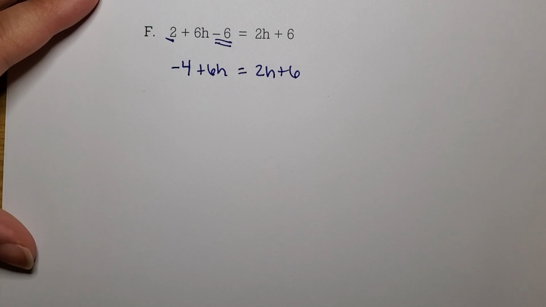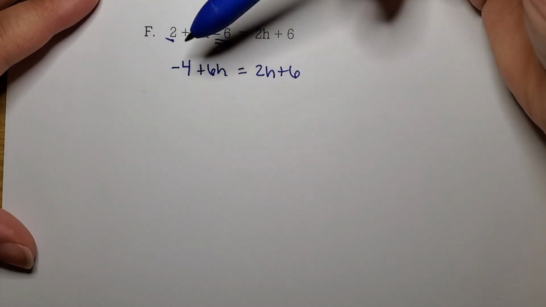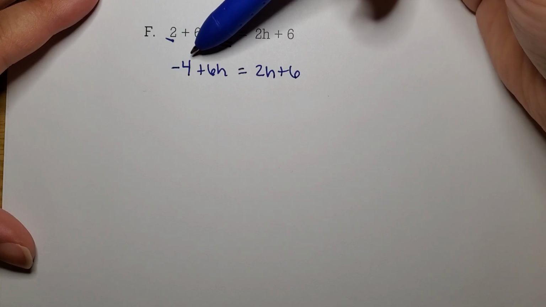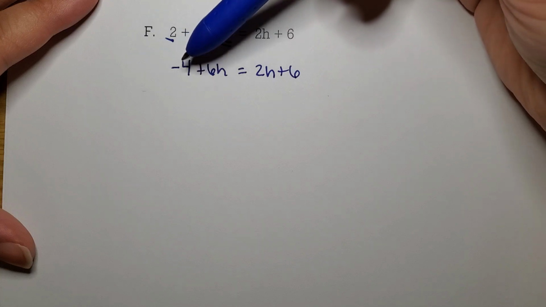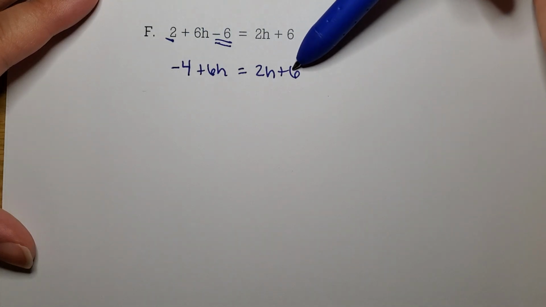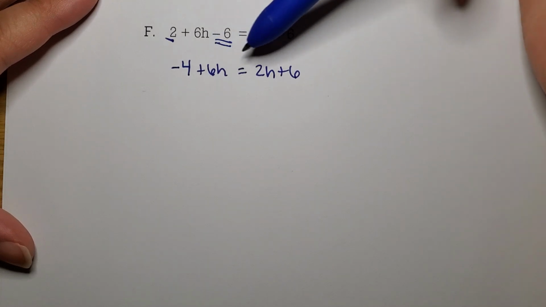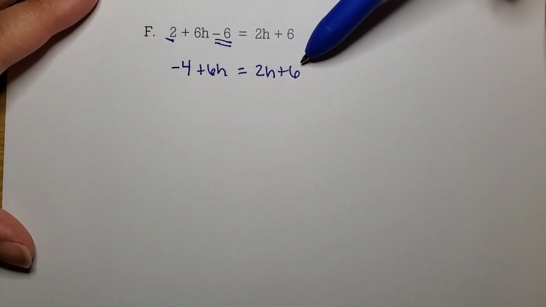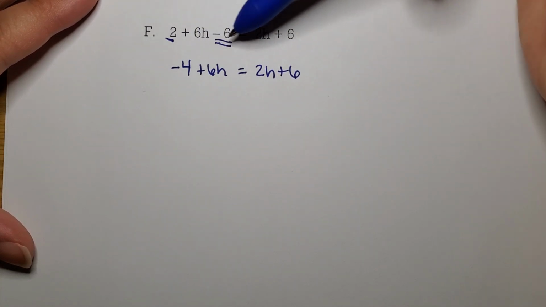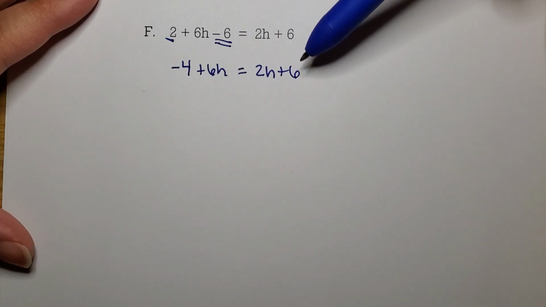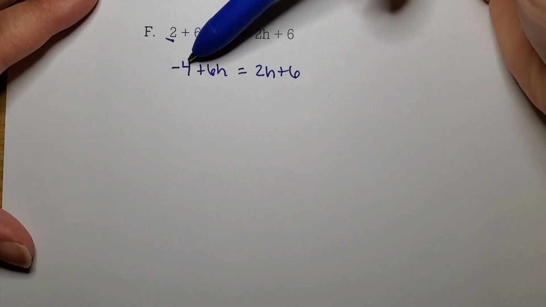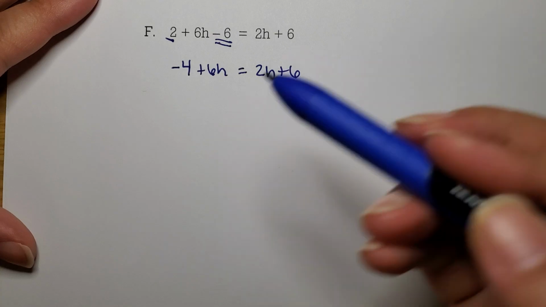All right, and now we can go ahead and solve. Now, I'll admit this negative 4 is kind of bothering me because it's negative, and I don't want things to be negative here. So I'm going to move the 4 over to the right-hand side. I can do that because I notice that I have h's on both sides and I have non-letters on both sides. So I'm just going to make that choice to move this negative 4 over to the right.